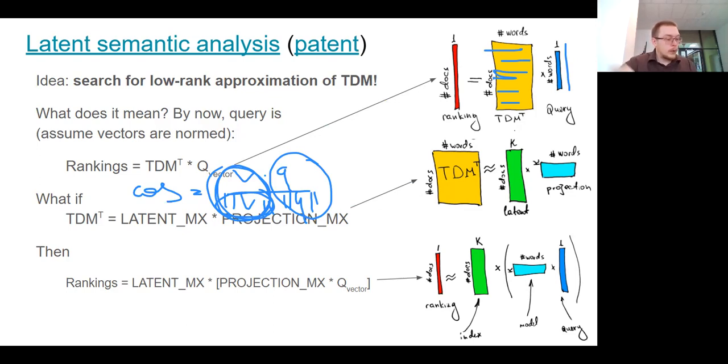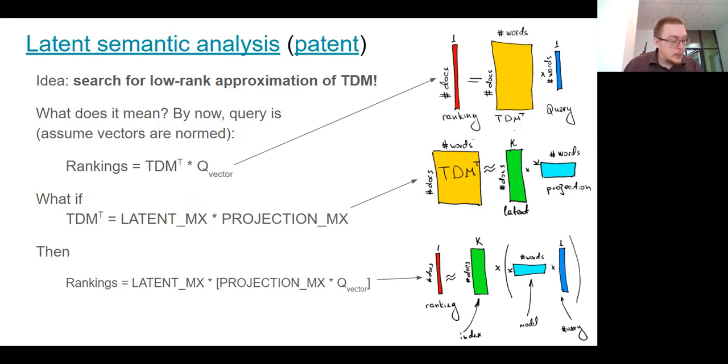Okay. What is multiplication of this matrix by a vector? It's actually applying the dot product of every row with this column. Matrix by a vector is what? Dot product of the first row by this, dot product of the second by this, and so on.